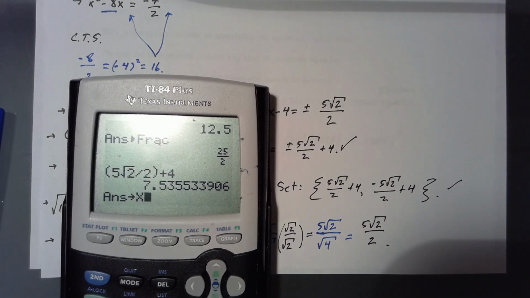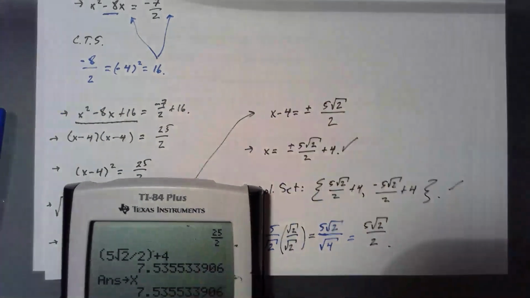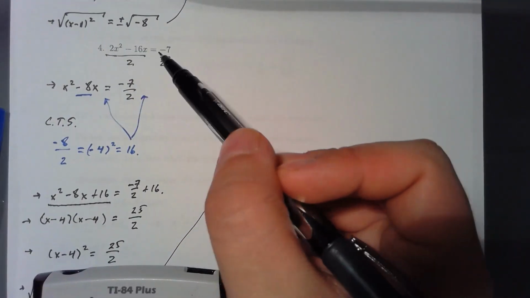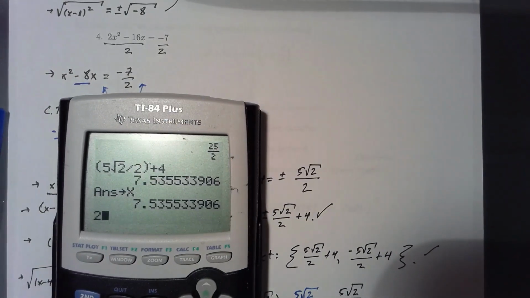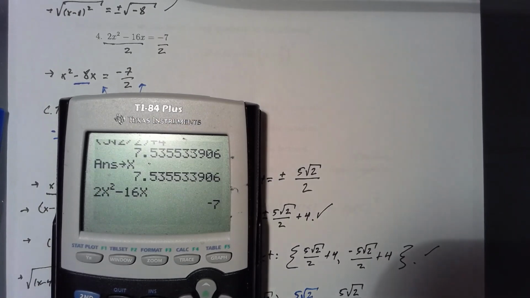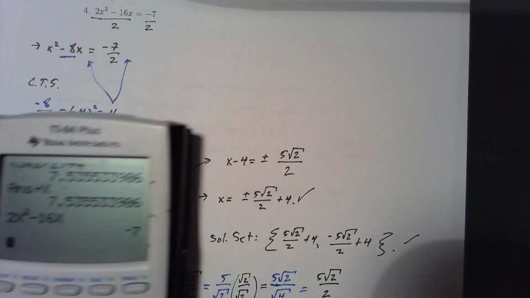Store that into x. Let's type in the original equation. So you can type this into the left side, 2x squared minus 16x, and you'll get negative 7. Voila! So that means this one works, and you can also do that one as well.